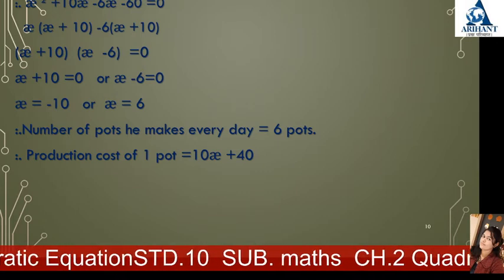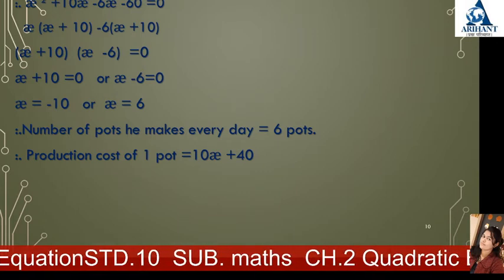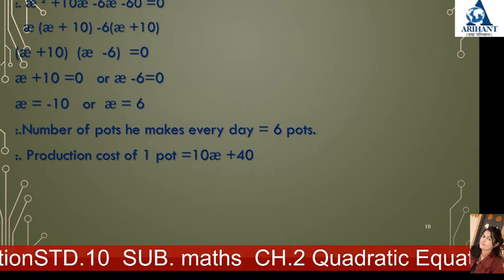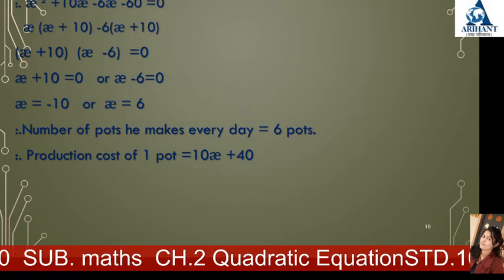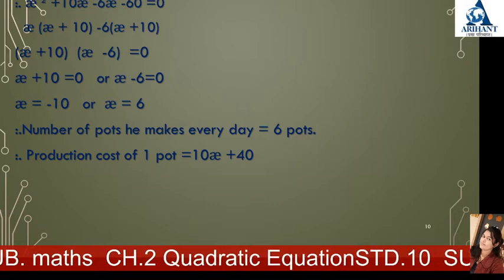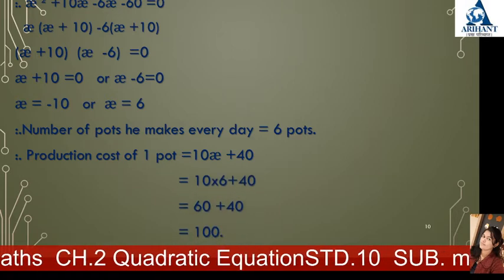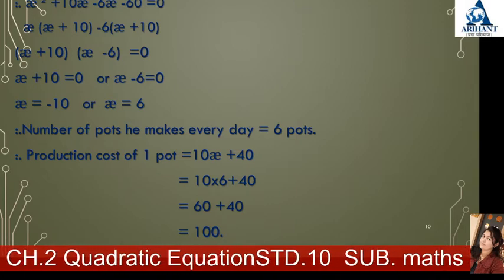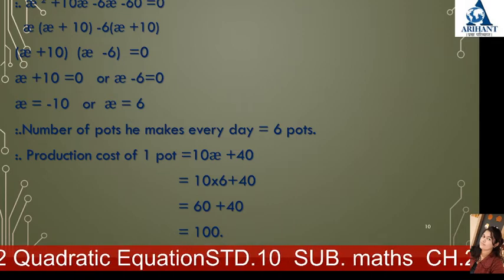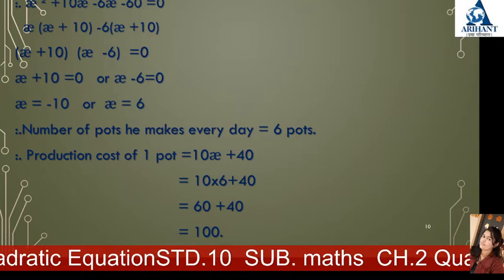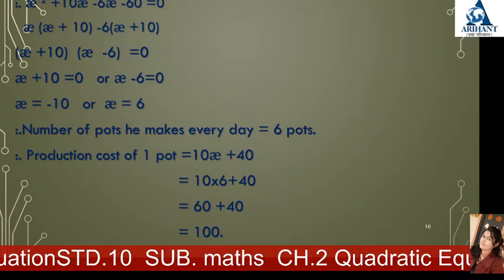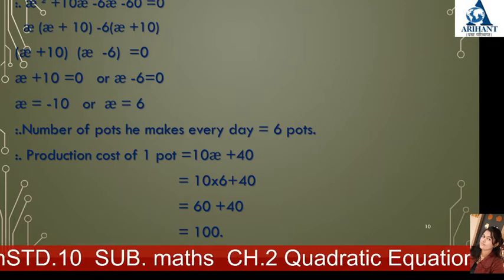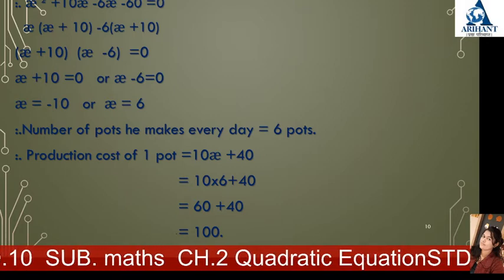Therefore, the production cost of one pot, which we considered as 10x plus 40, can be simplified. 10 into 6, which is the number of pots he makes every day, is 60, plus 40 is equal to 100.